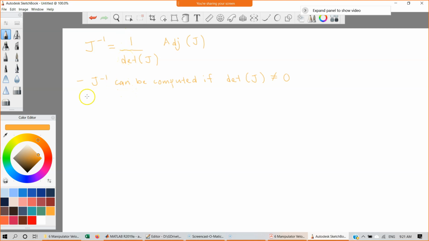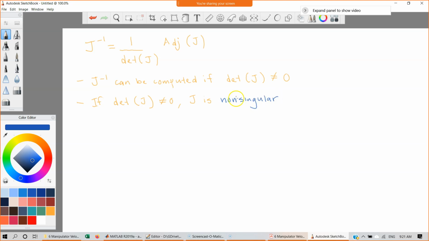So if the determinant of J is non-zero, we call J non-singular.